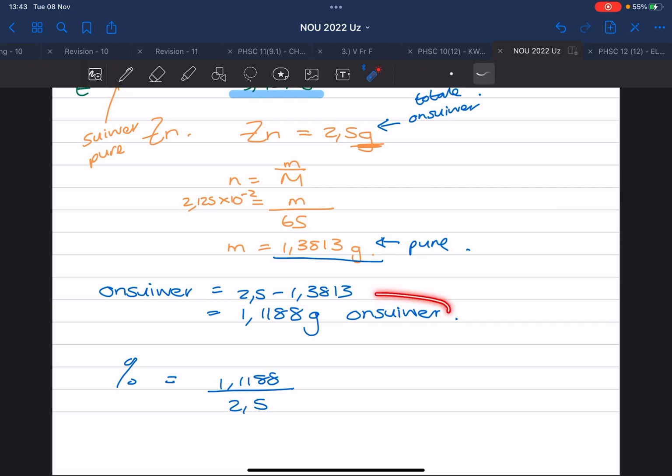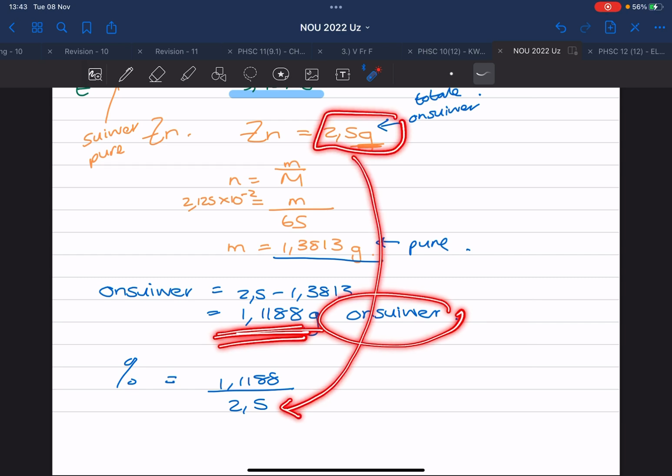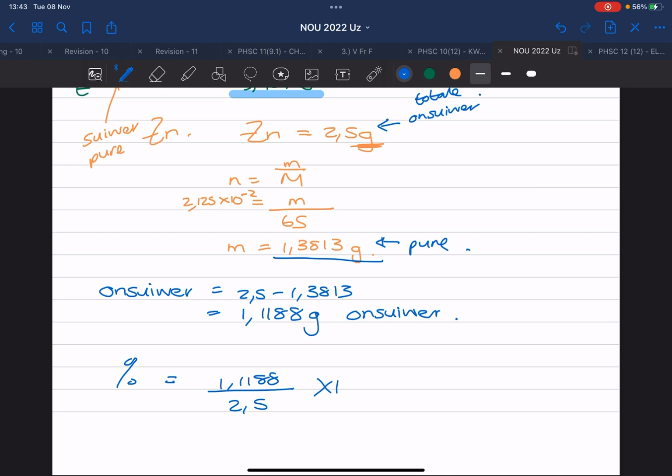So dit is die onsuiwer, the impure, divided by the total times 100. My sakrekenaar het ergens dit afgerond, maar dit gaan nie 'n groot verskil hê nie.